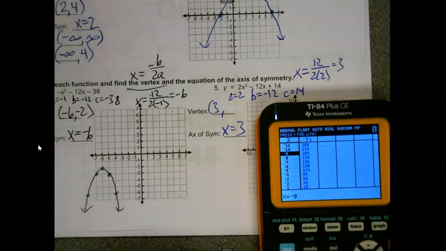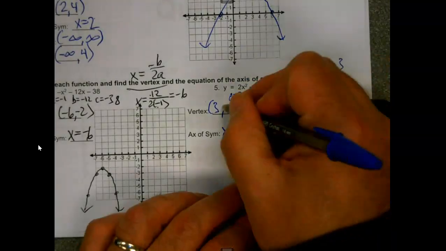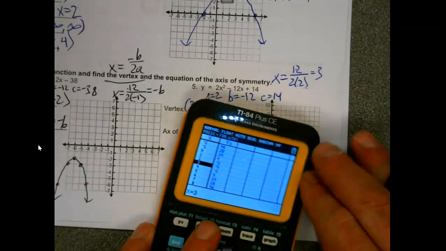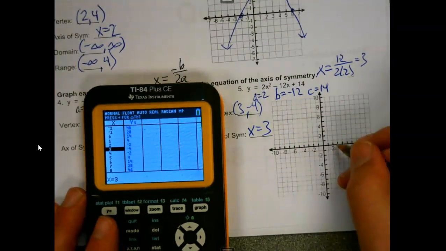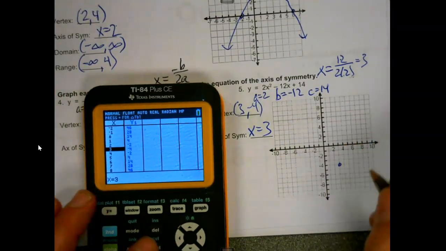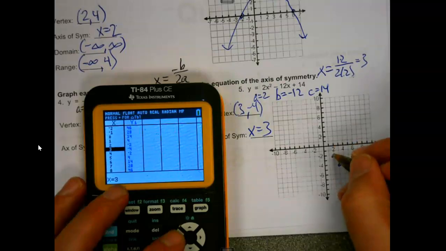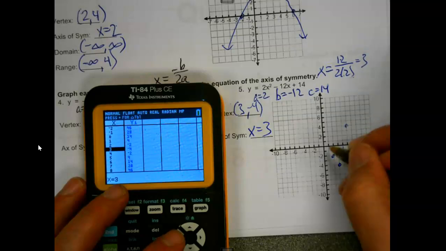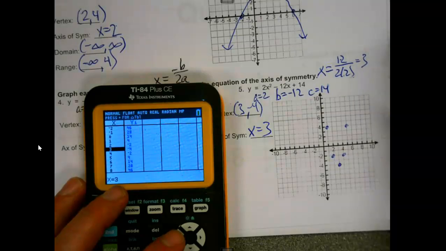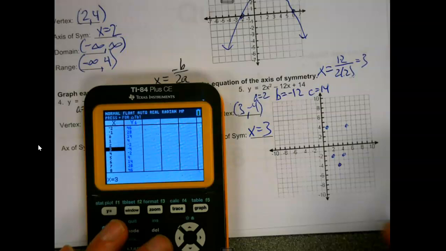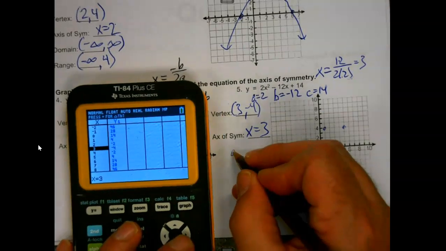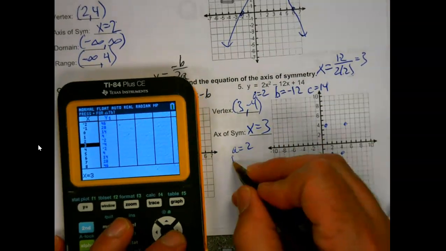Okay, again, I got my calculator. 3, -4. Whoop. Flip that over here. 2, -2, 4, -2, 5, 4, 1, 4. Reminder. If I'd have figured out my vertex, remember, my A value is 2.